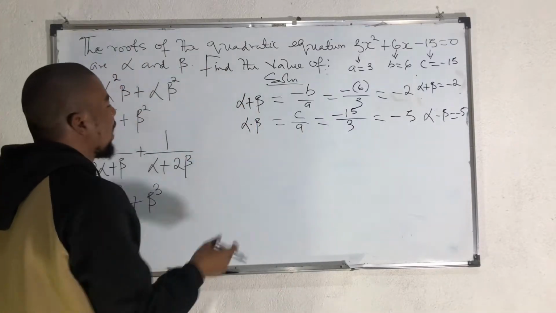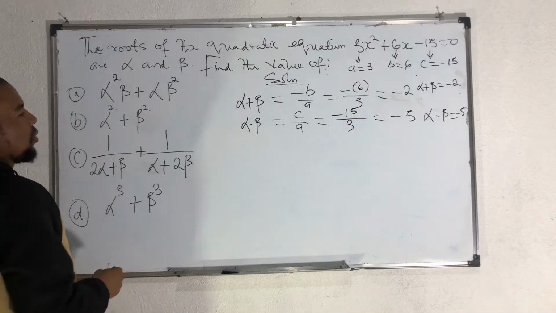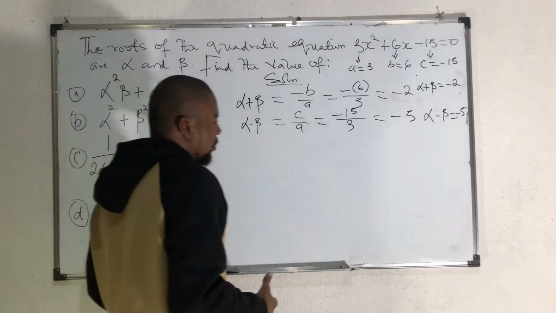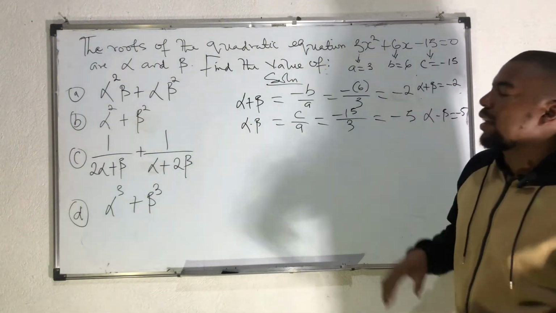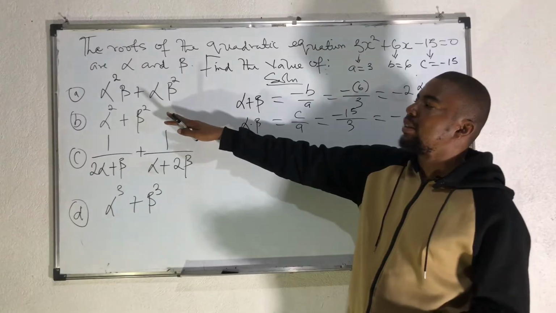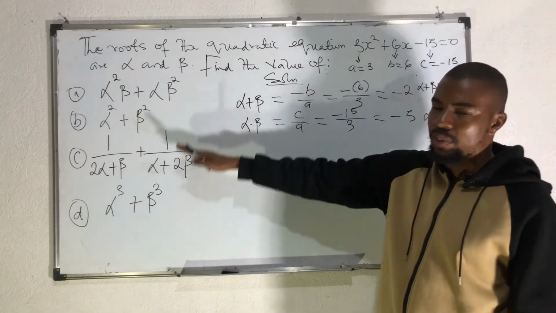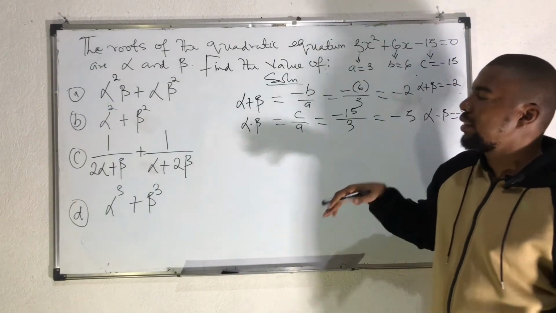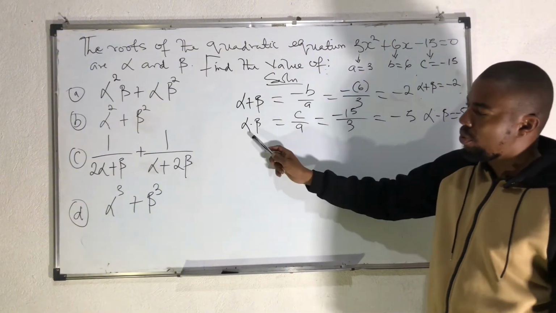With this right now, we can find the exact value of everything here. How do we do this? This is where it gets really interesting. One thing you need to know is that in order to evaluate or find the exact value of these expressions, you need to manipulate them in a way that you will come up with your sum and your product.